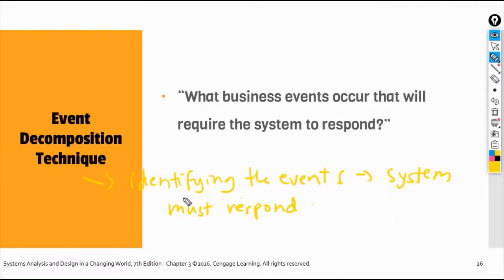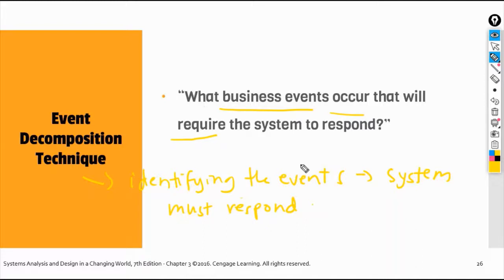When defining the requirements for a system, it is useful to begin by asking what business events occur that will require the system to respond.